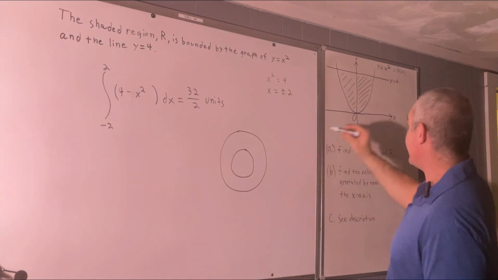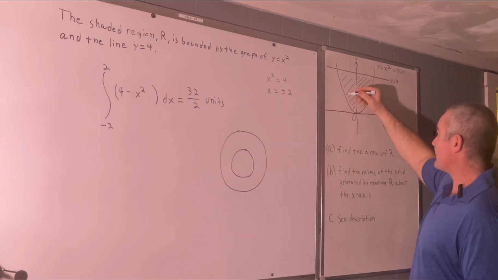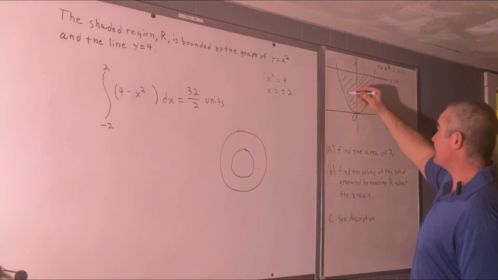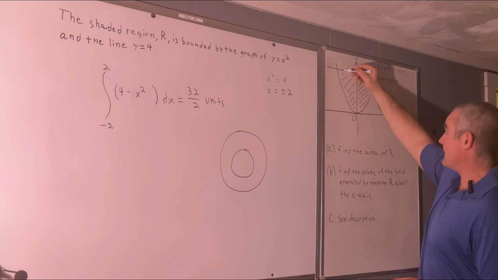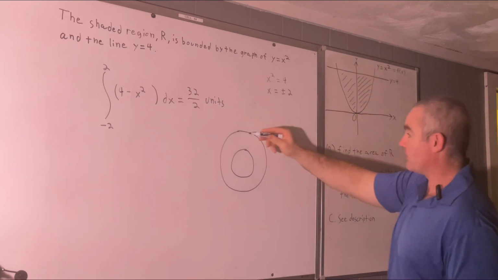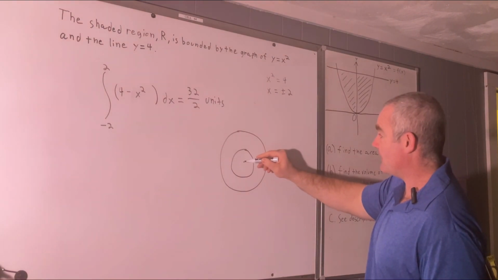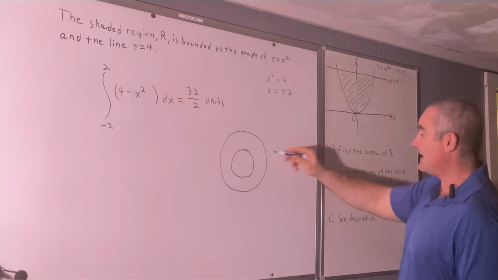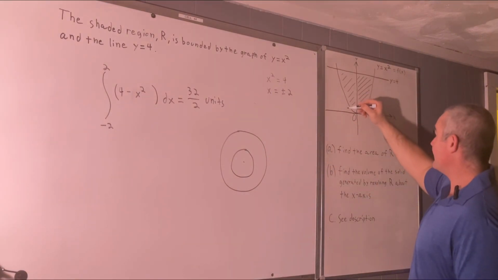It has an inner radius. This inner radius is represented by this part right here. That's the area we're not taking. This outer radius is equal to from here to here. So we have the outer radius going from here to here, and then the inner radius going from here to here.